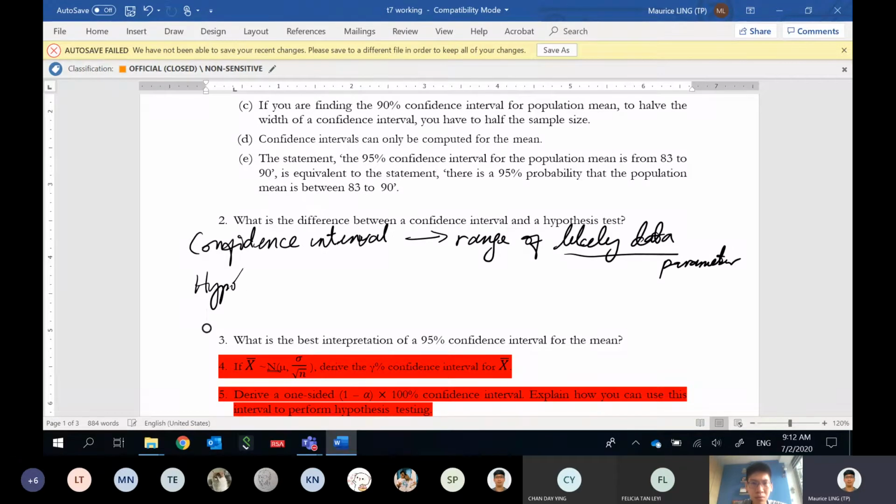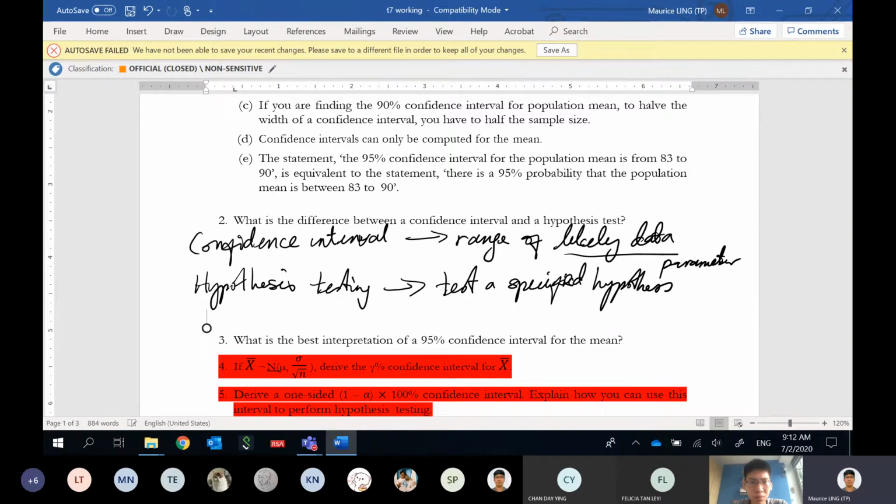Hypothesis testing. Again, what was your answer for hypothesis testing? Use data from a sample to test a specified hypothesis. Okay, good. So this actually gives you a yes or no answer.